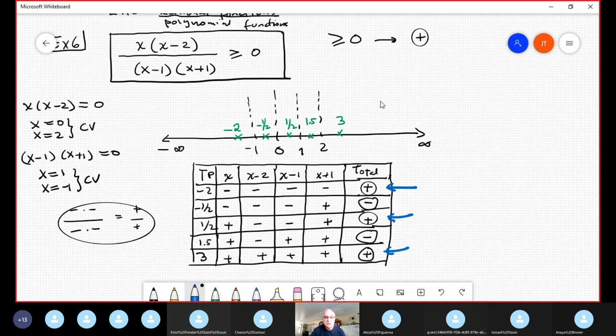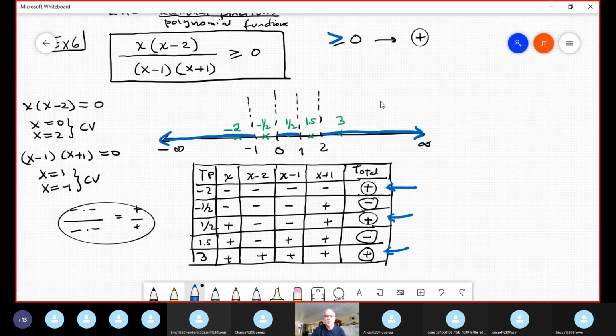What interval was in the testing point -2 pass? And 1/2 pass. And -1/2 fail because it's negative, no good. And the last one gets 3 pass. I highlight this interval.